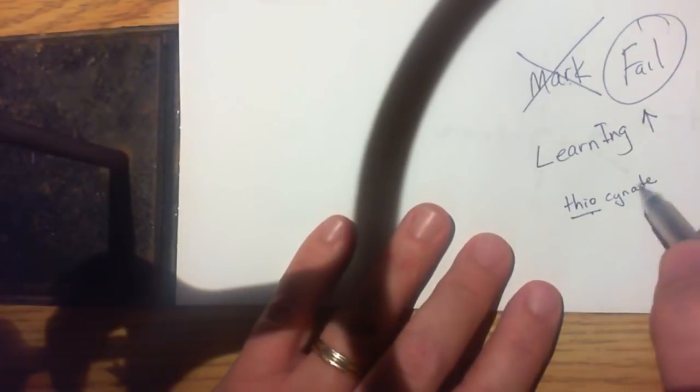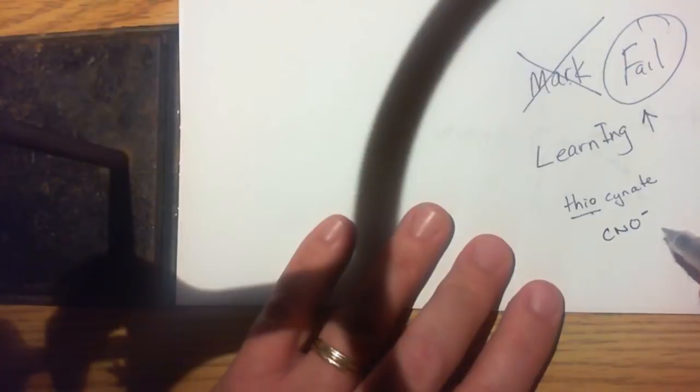Okay, so the prefix thio. For example, we see it in thiocyanate. What the prefix thio tells us is that we've replaced an oxygen in my oxyion with a sulfur. So for example, cyanate is, oh, I wrote it backwards, OCN minus.